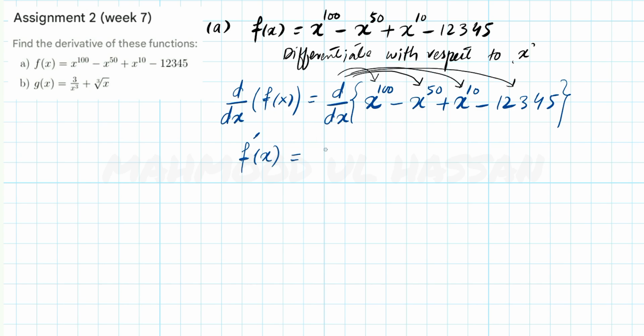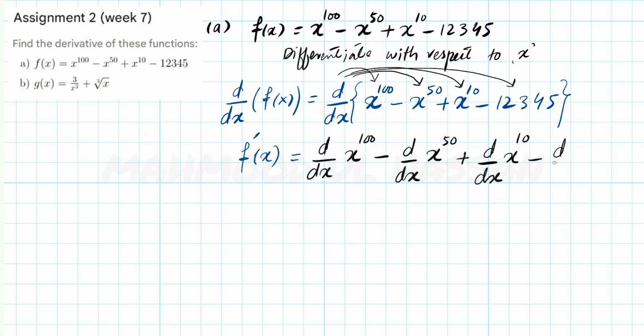So that is the derivative of the first term x to the power 100, minus the derivative of the second term, x to the power 50, plus the derivative of the third term, x to the power 10, minus the derivative of the last term, 12,345.